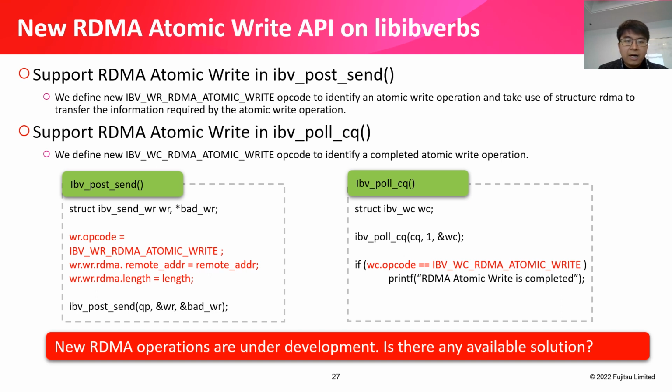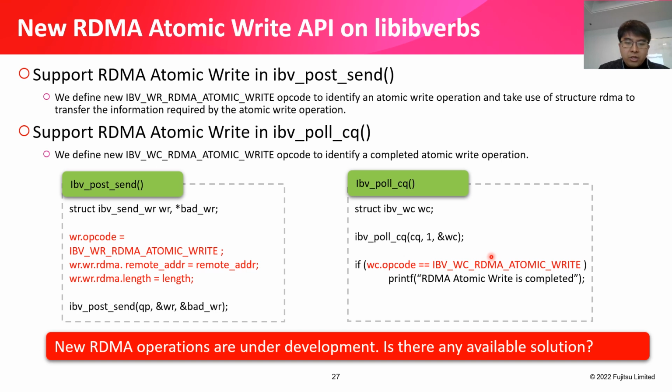To support RDMA atomic write in ibv_poll_cq, we defined the new IBV_WC_RDMA_ATOMIC_WRITE opcode to identify a completed atomic write operation. The following code also shows how applications use the RDMA atomic write API. For example, post an RDMA atomic write request by ibv_post_send. Get the completion of the RDMA atomic write by ibv_poll_cq.